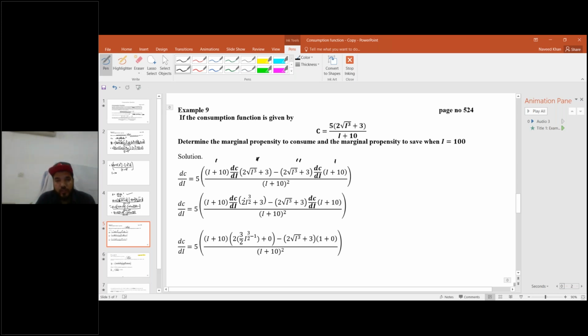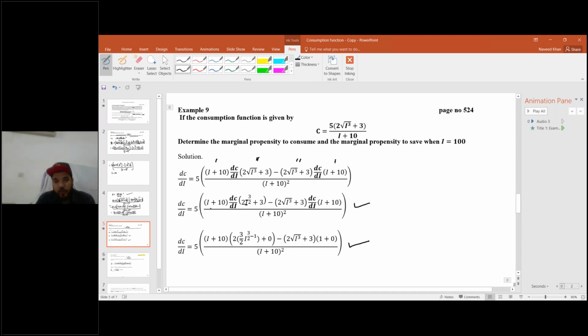After explaining this question, in this step I didn't take its derivative. This is I power 3 by 2. So I just wrote here 2 into I power 3 by 2.